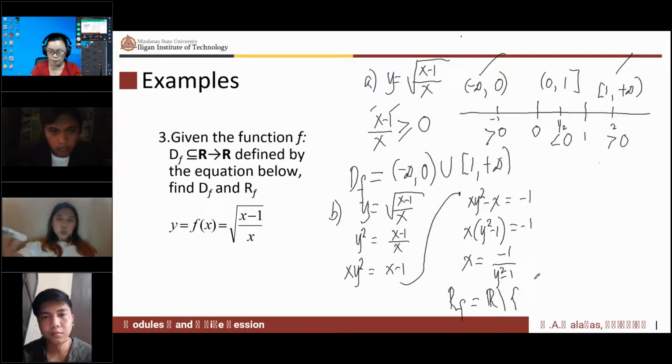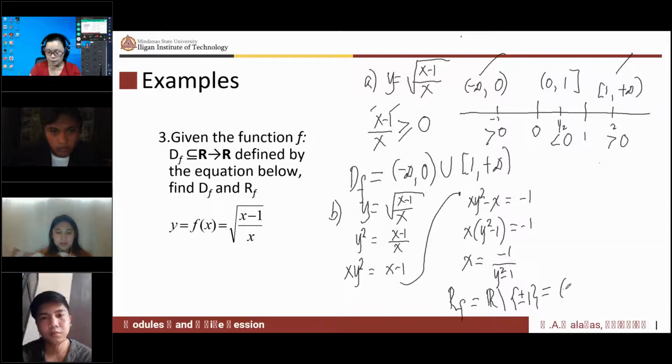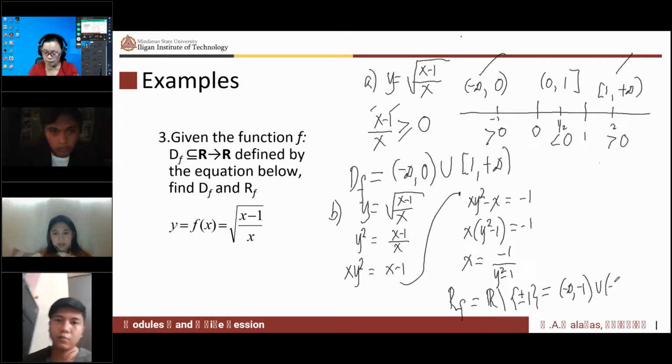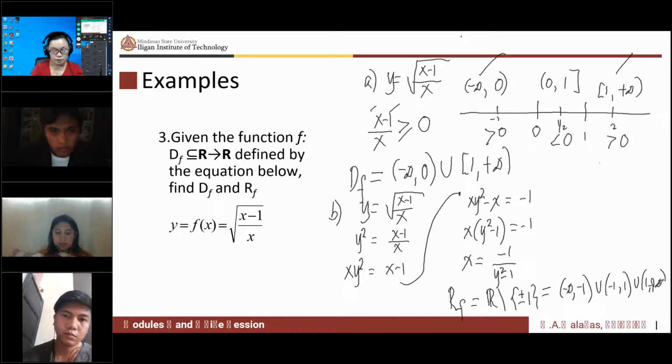That's an exception, so we have plus or minus 1. In interval form, you can write negative infinity to -1, excluding -1, union -1 to 1, union 1 to positive infinity. Okay, so that's it for the domain and the range.